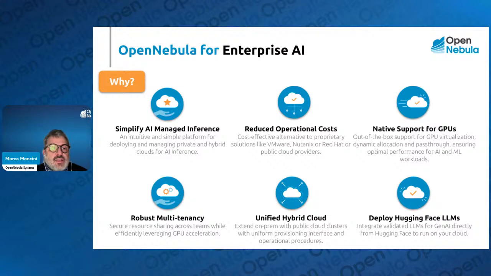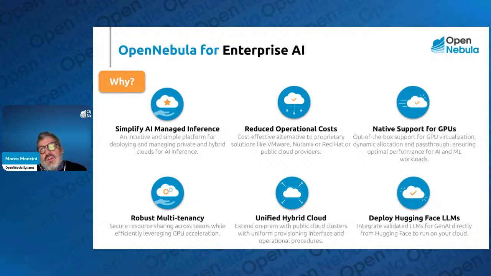As I said, with OpenNebula, what we would like to do is to simplify your management of AI, having this unified approach for hybrid cloud and multi-cloud. So you can have your resources in your data centers, you can have resources from public cloud providers or edge providers.